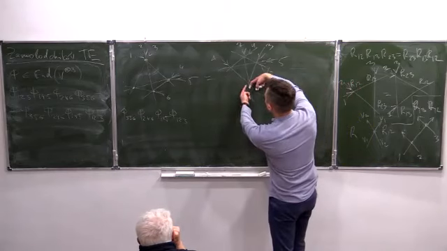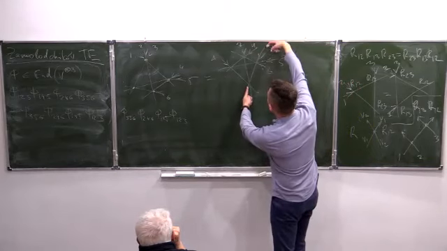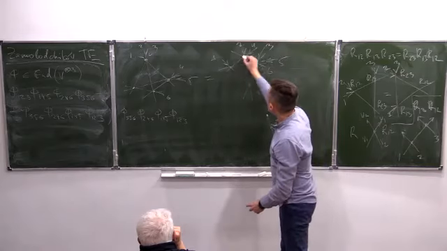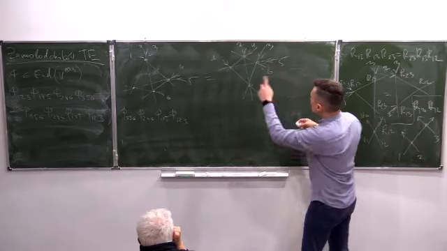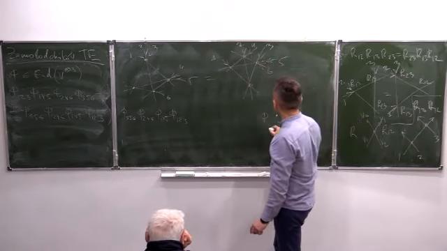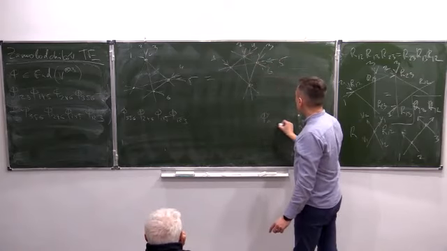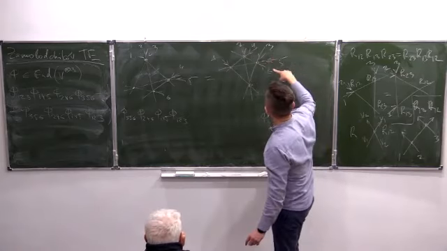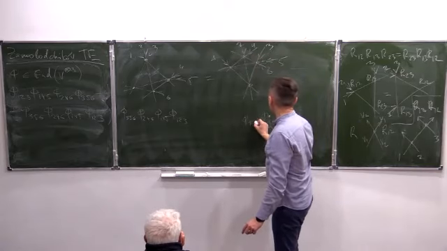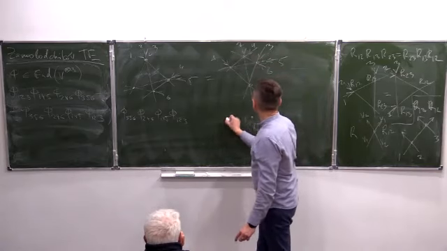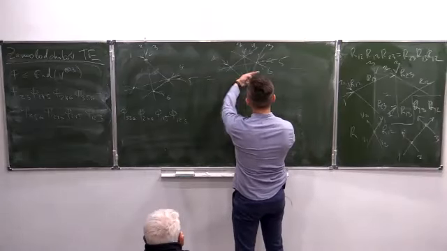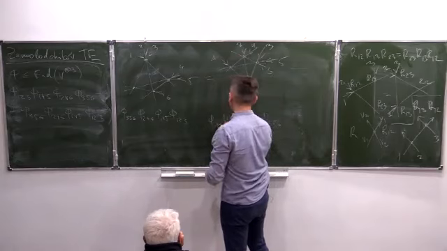So the lines 1, 2, 3 intersect here. And the good way to make a composition of such linear operations is 3, 5, 6 from this point, then 2, 4, 6, after this 1, 4, 5, and the last one is 1, 2, 3.